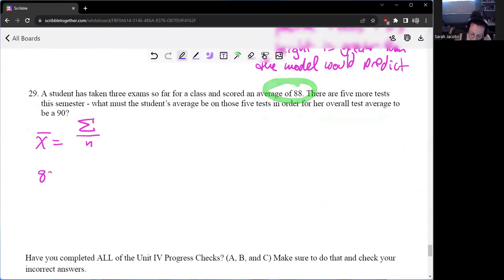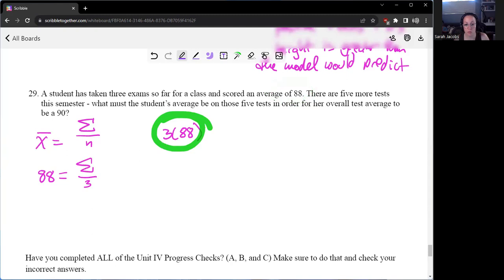So 88 was equal to sum divided by 3. So 3 times 88 is going to be what's been contributed already by the existing tests. Then we know there are 5 more tests, and we don't know what those need to average out to.